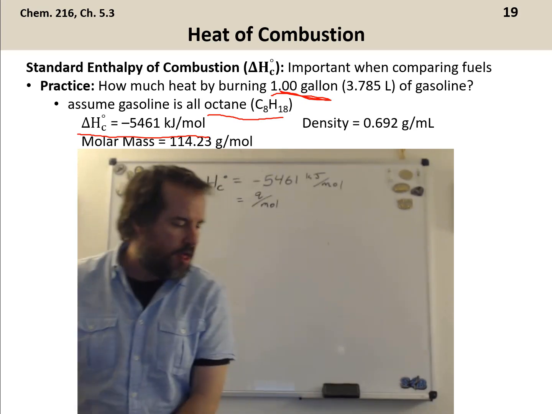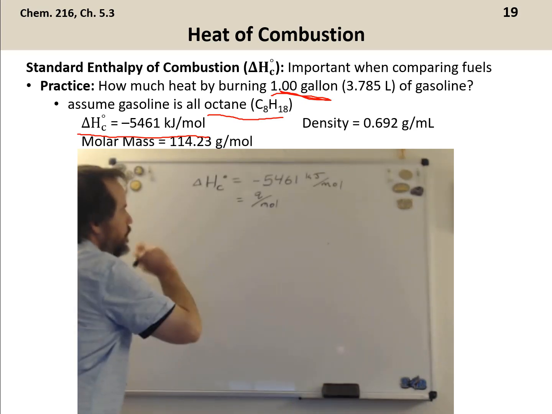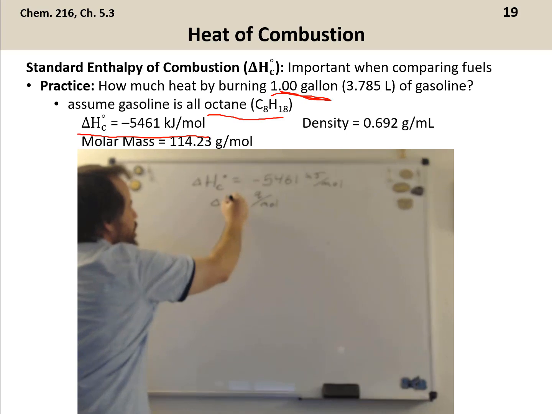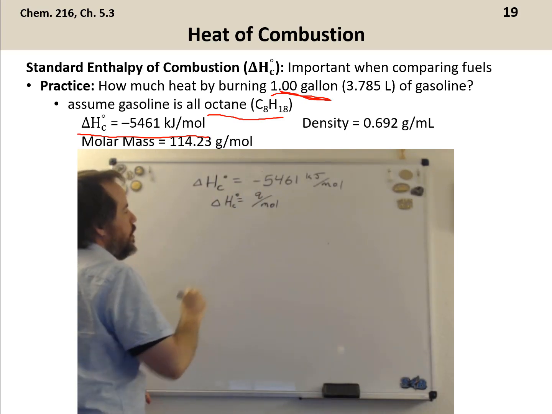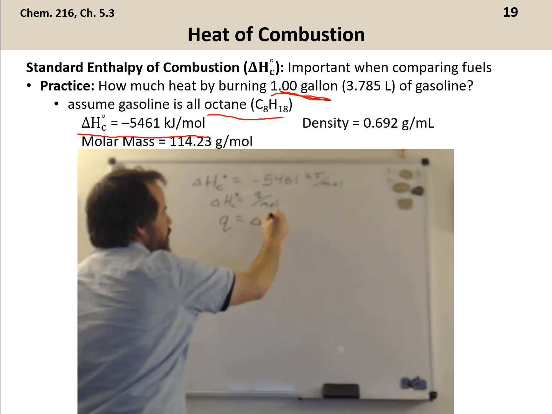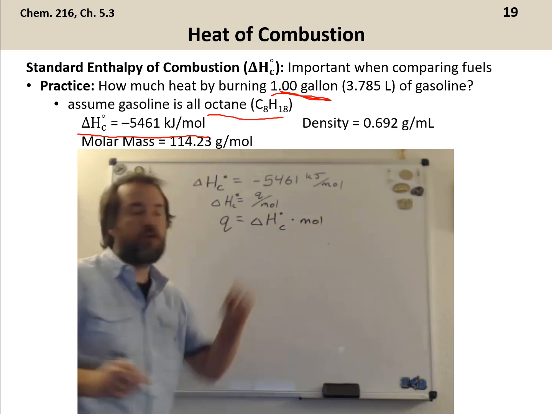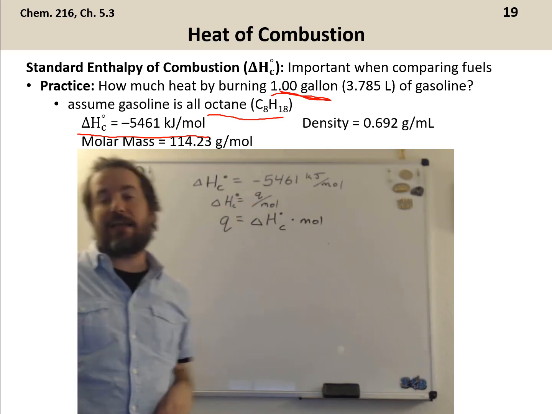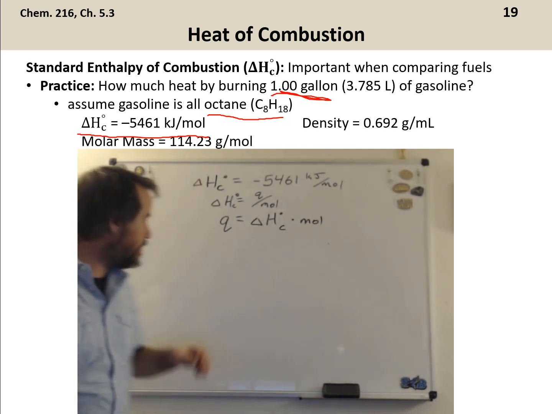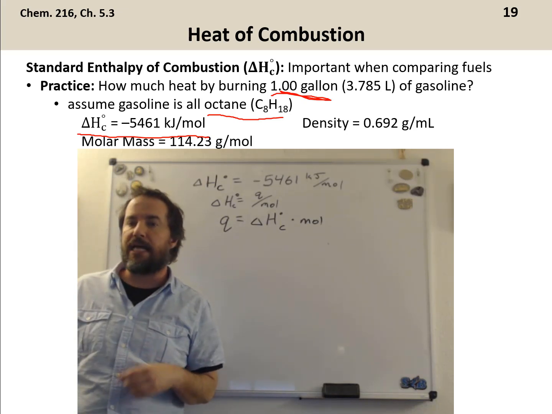We're asking for the amount of heat, so we're asking for Q. I can find Q by just rearranging it. If I take delta H times the number of moles I burn, that's going to give me my amount of heat. We know delta H, so all we need to know is the moles of octane.